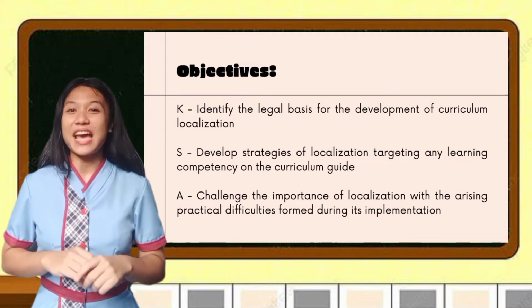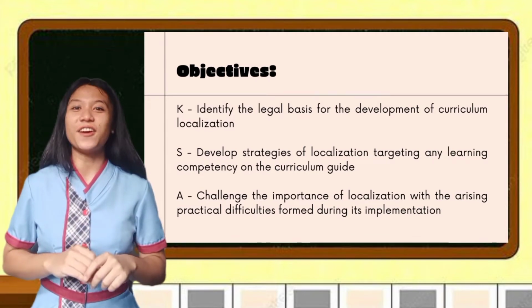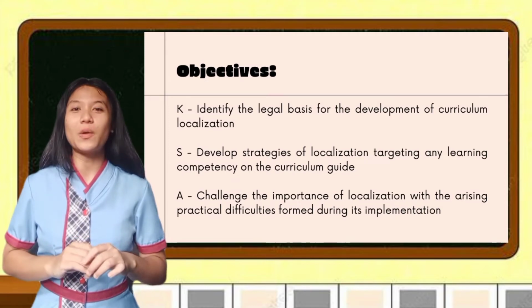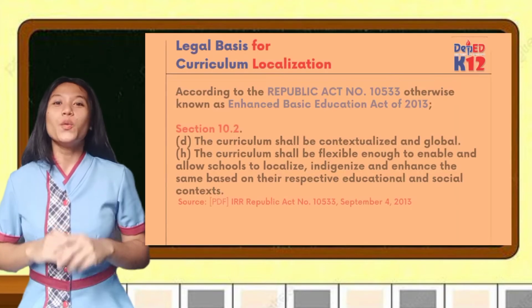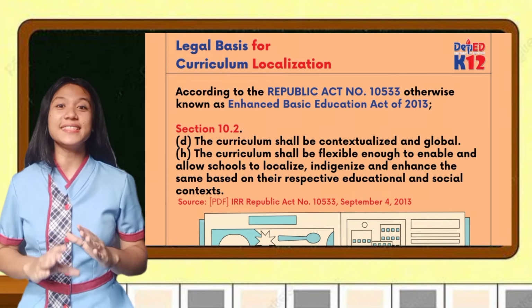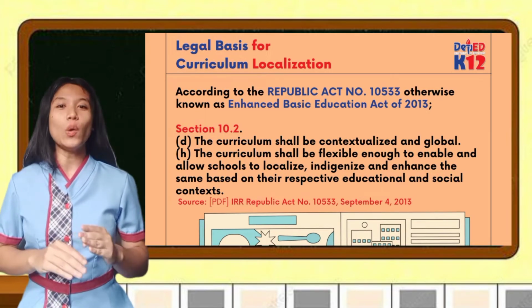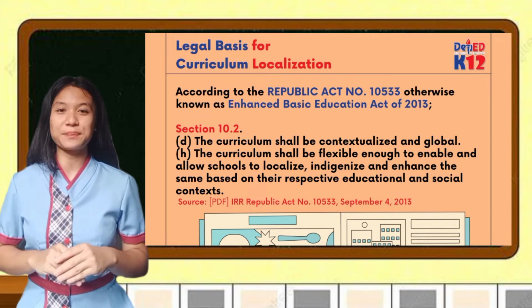Alright, since everything is set, let us start with understanding the legal basis of curriculum localization. We have this law that states that the curriculum shall be contextualized, localized, and indigenized.